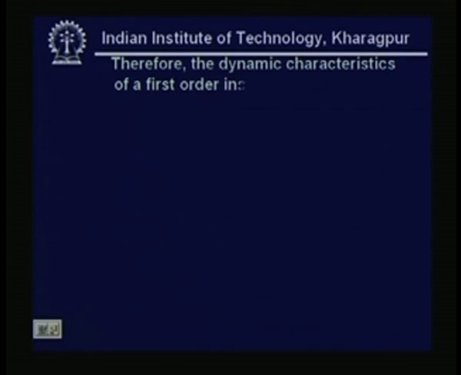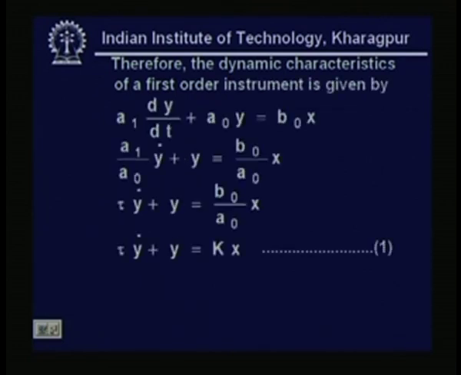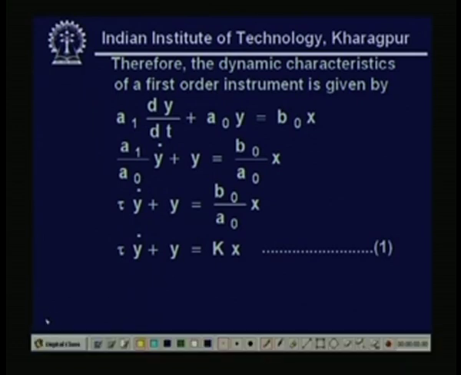Therefore, the dynamic characteristic of a first order instrument looks like this: A1 dy/dt plus A0 y equals B0 x. This is similar to our nth order differential equation, with an dny/dtn and so on.